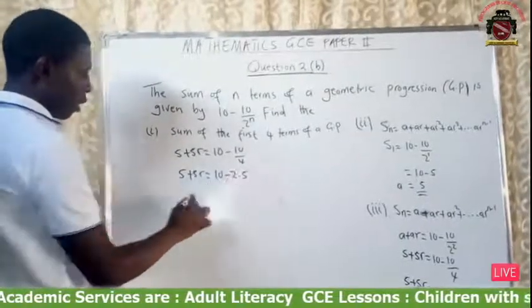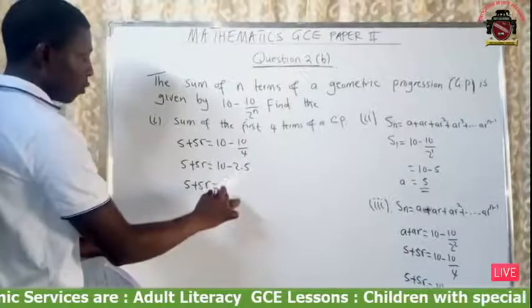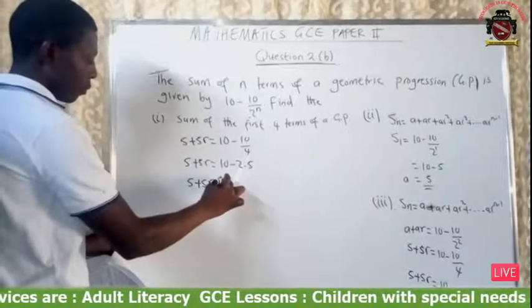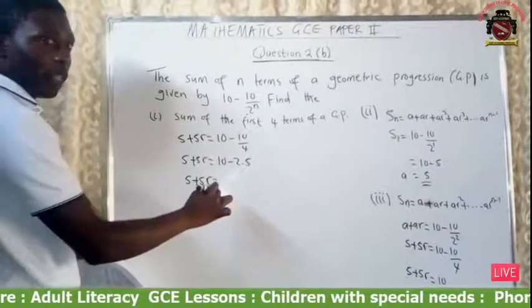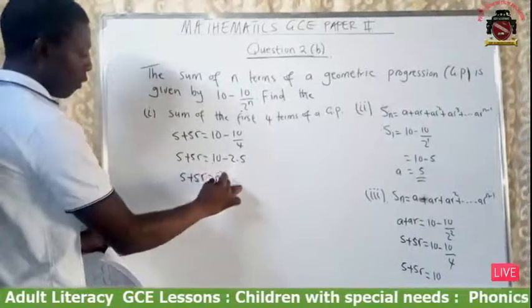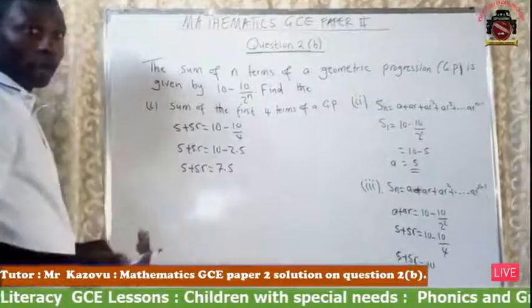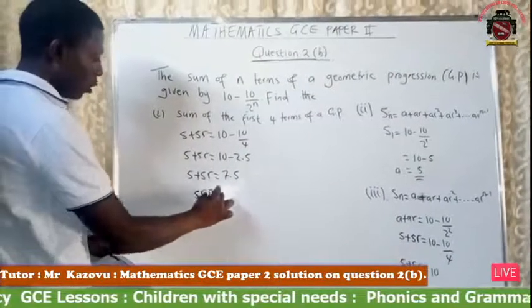Okay. Now here we have 5 plus 5r is equal to 10 minus 2.5. What do we get? 10 minus 2.5 is 7.5. Okay, and then we want to find the value of r. So we say 5r is equal to 7.5 minus 5.